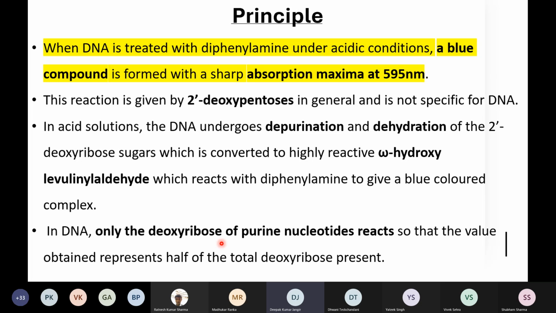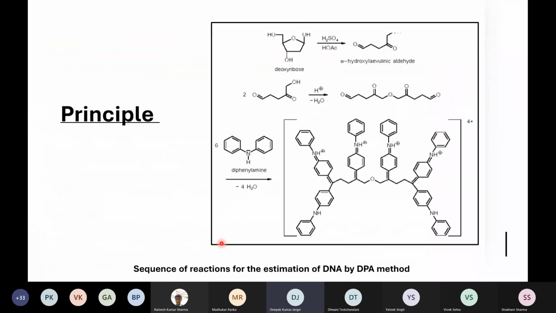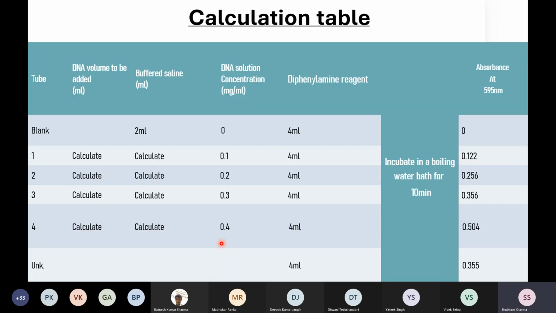Sir, because we already know the DNA concentration in the solution while we are creating that graph, so that kind of represents the total concentration, so we can directly use the calculated value. Yeah, exactly. So that is the right answer. So the absorbance that we are getting in this experiment is from the DNA concentrations.